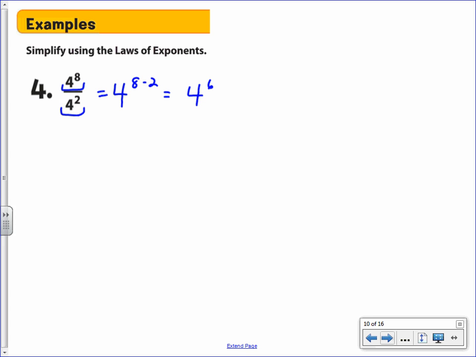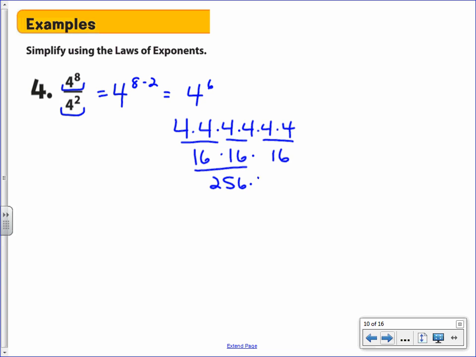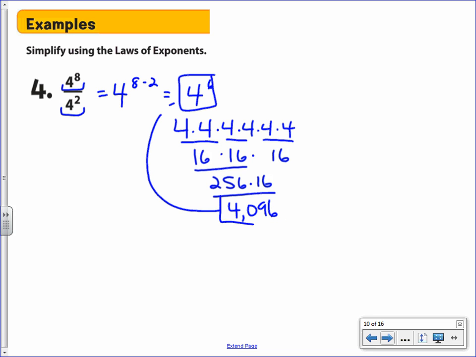If we go ahead and evaluate that, that's 16, 16, 16. That's 256 times 16, which is 4,096. Exponential form, standard form.